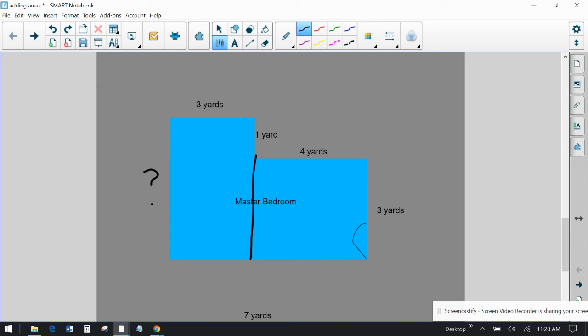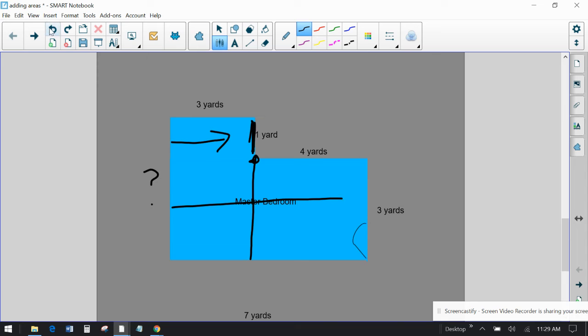So it's the same concept. We're still looking at opposite sides. If you look straight across, here's one of the opposite sides, but it stops right here. But then if you keep going straight across, here's another opposite side.